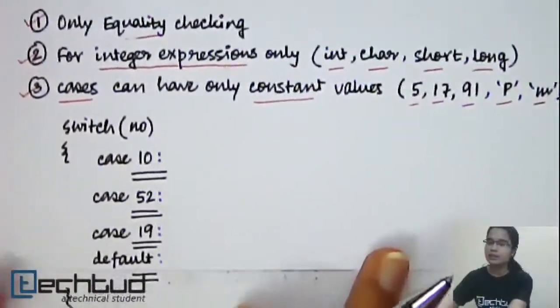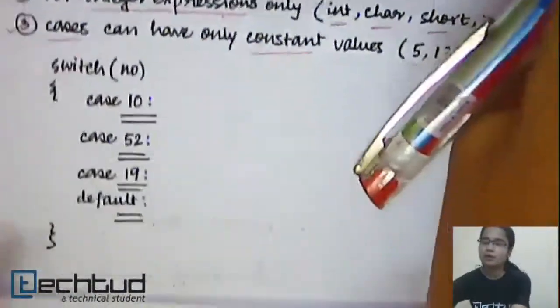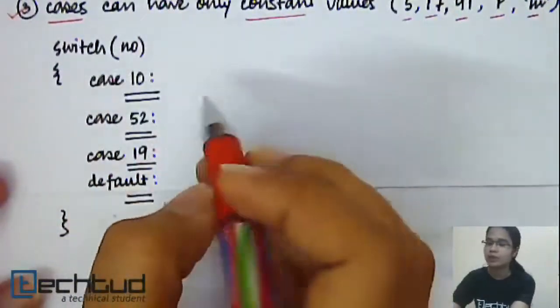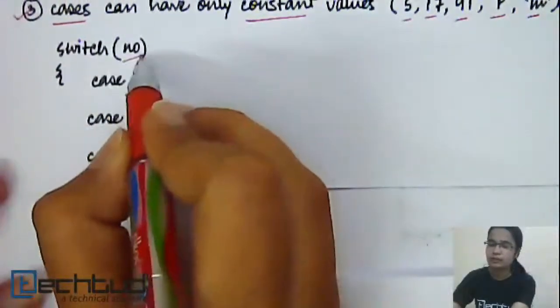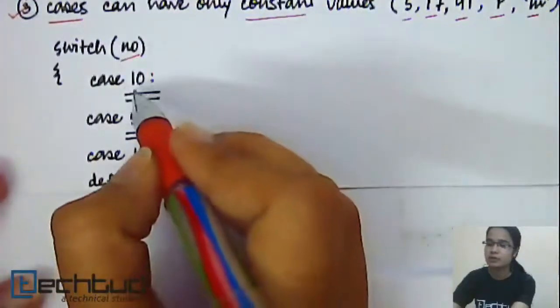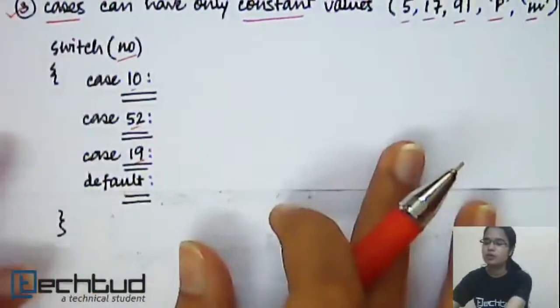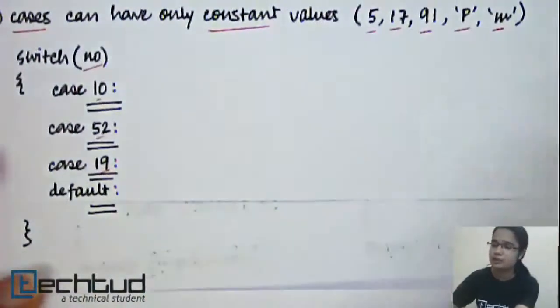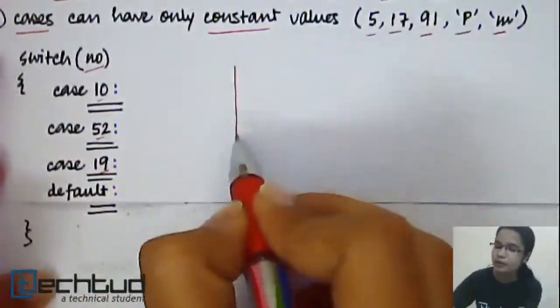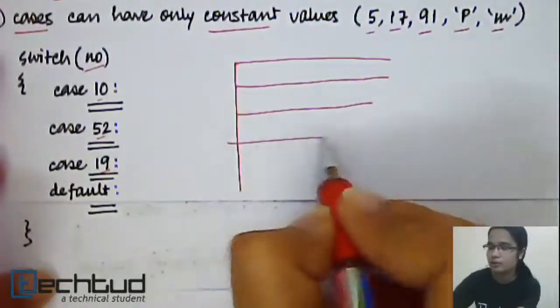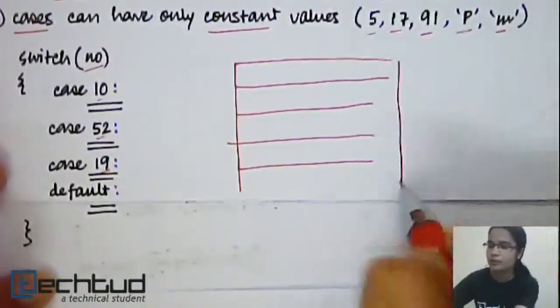Okay, so let's take an example. Here I have written a switch case block. For some integer variable number, the first case is 10, then 52, then 19, and then there is default. So what happens during compilation? The compiler does an indexing or table sort of thing.